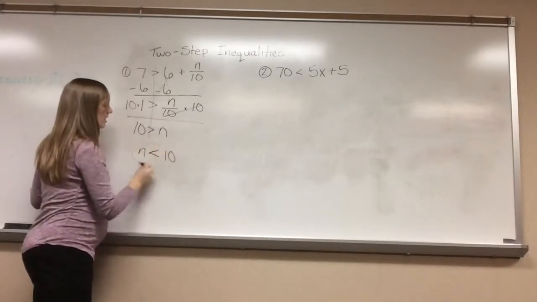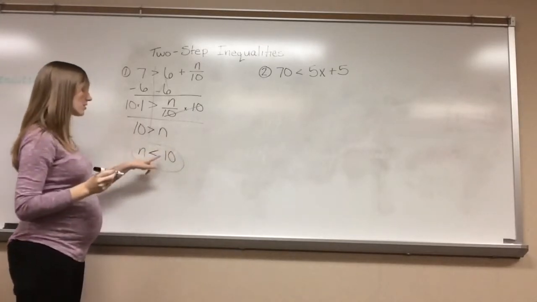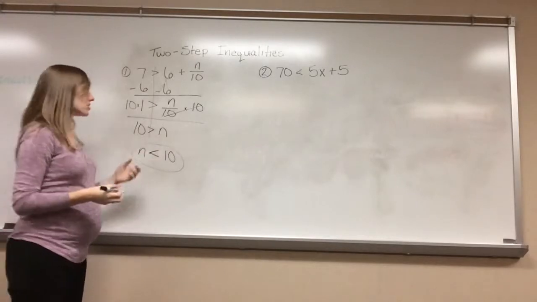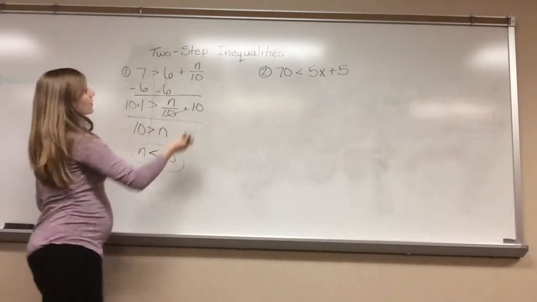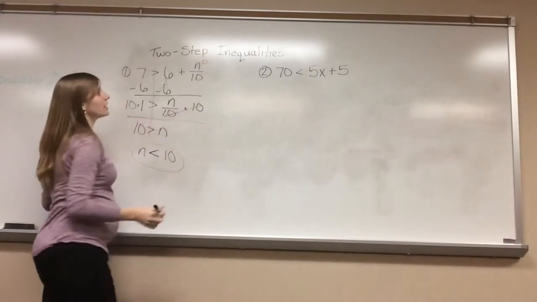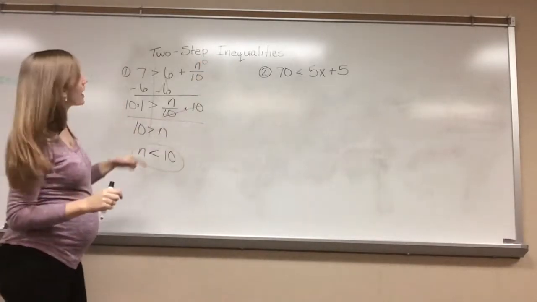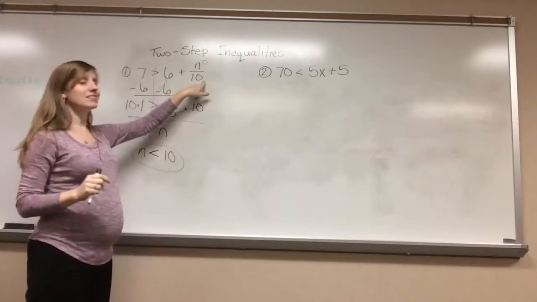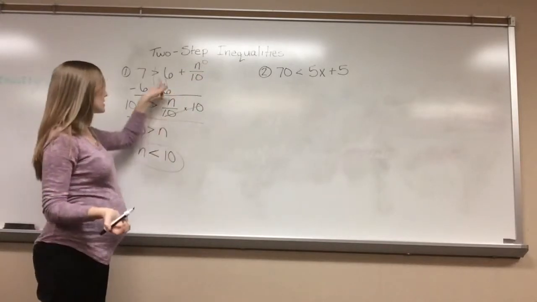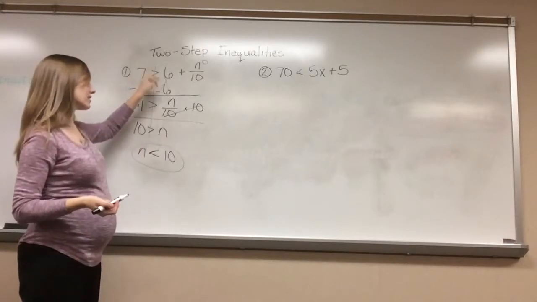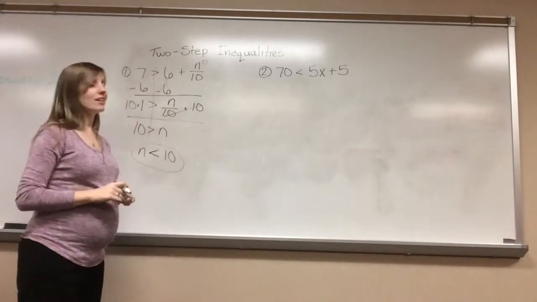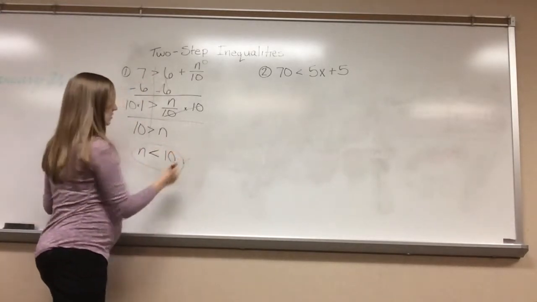So your inequality is going to be n is smaller than 10. And if you want to check this, we could try 0. 0 is smaller than 10. If I put 0 in my inequality, and just kind of think it through in my head, 0 divided by 10 is just 0. 6 plus 0 is just 6, and 7 is bigger than 6, so I'm okay. This is the correct inequality.